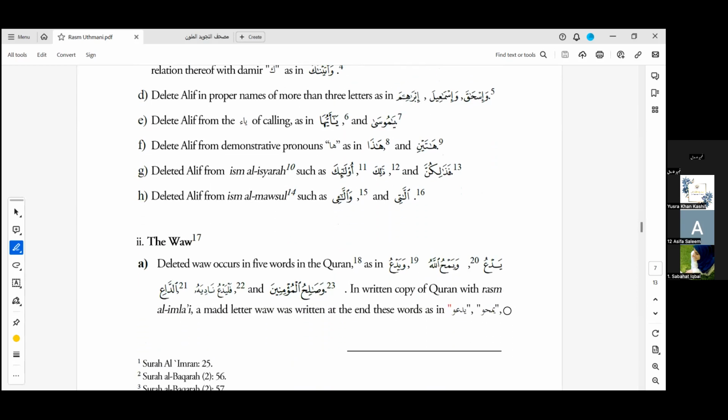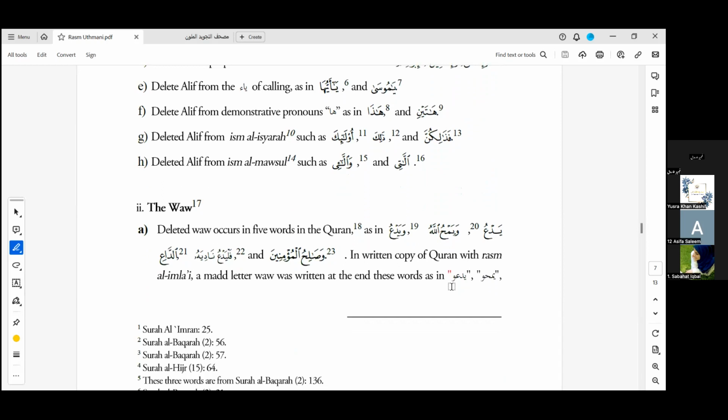We have the waw, this yad'u wa yamhu Allahu wa yad'u. If you look, wa yamhu is actually yamhu, and the waw has been deleted. The waw has not been added to this word. And yad'u is yad'u, so it's not in there.